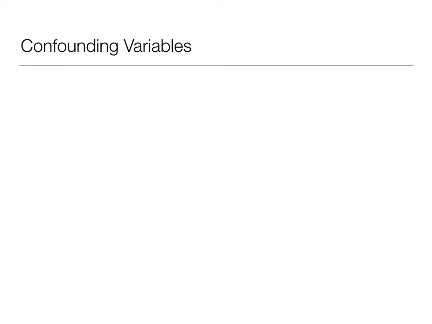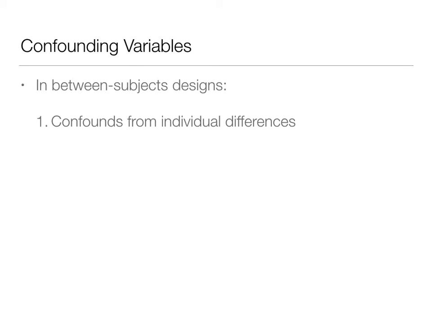So again, the confounding variables in a between subjects design can come from the main one being individual differences, okay? This is the number one confounding variable that we have to worry about. This is our number one risk for between subjects designs. Again, all is not lost, and we can control this. The way that we control this in between subjects design is through random assignment. Everybody has an equal shot of being in whichever group it is.